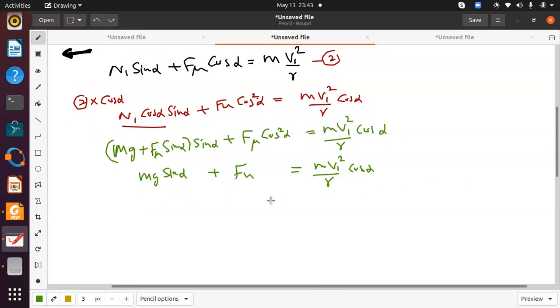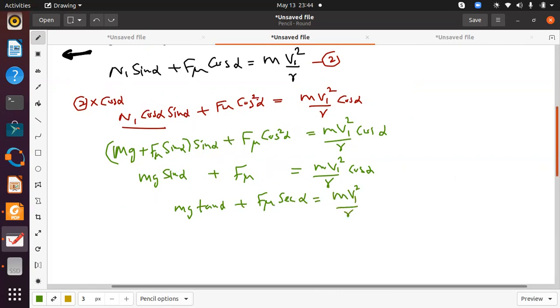If I divide this by cos alpha, I get mg tan alpha plus f mu sec alpha is equal to m v1 squared over r.